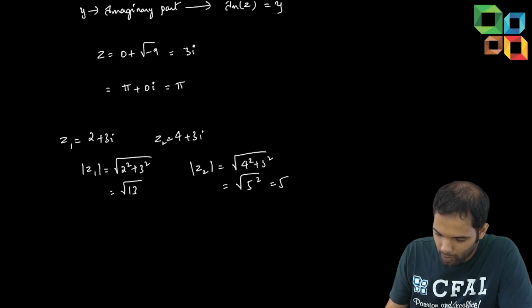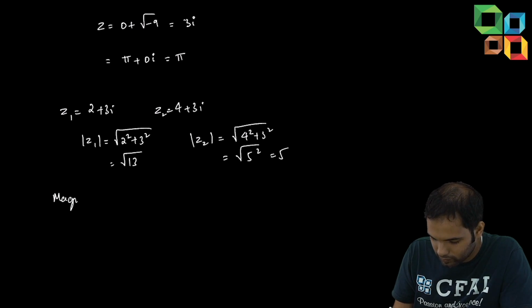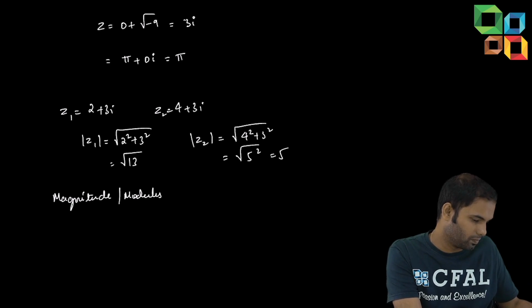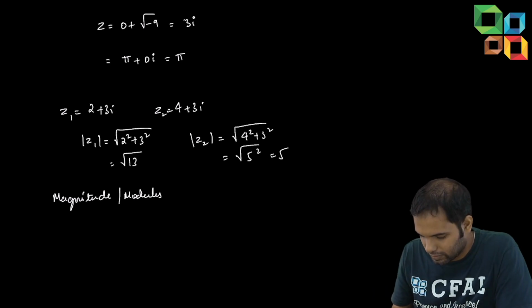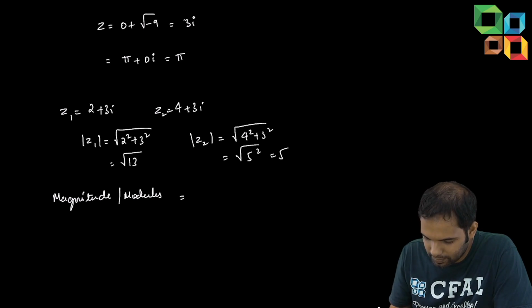So coming to the important property, the first important property is the magnitude, or modulus. Suppose the complex number is x plus iy.